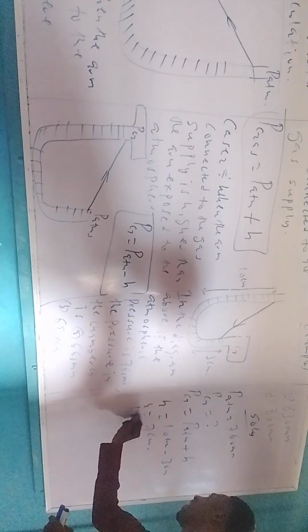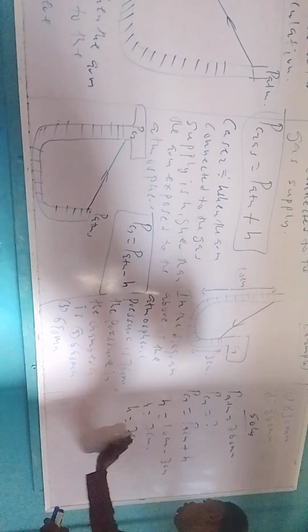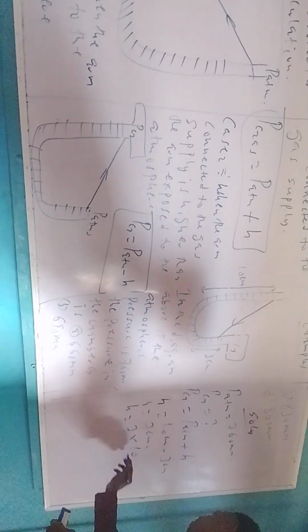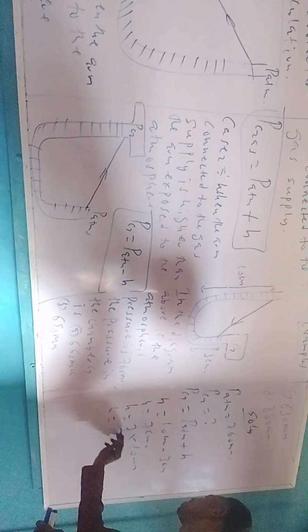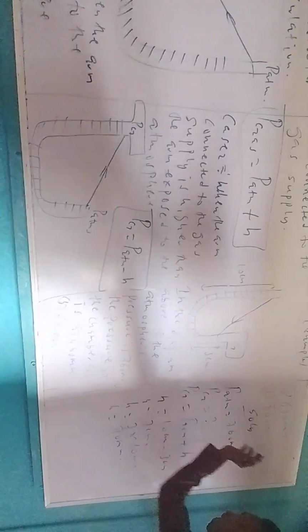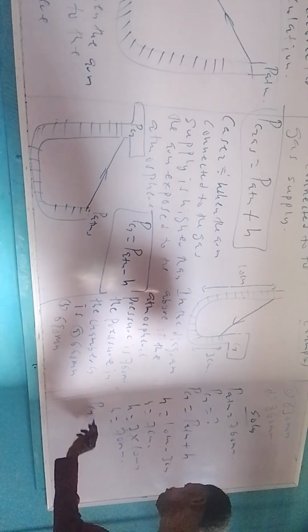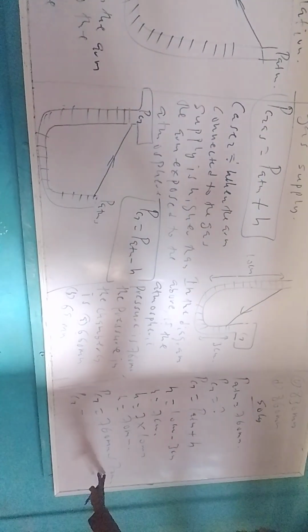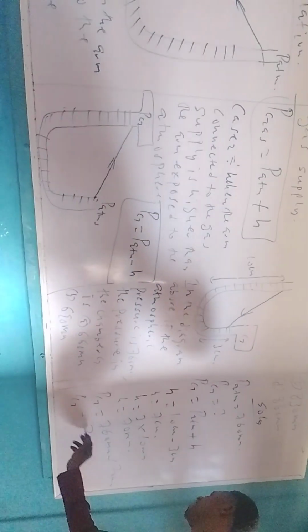You multiply by 10. So the height becomes 70 millimeter. Therefore PG equals 760 millimeter plus 70 millimeter, which gives 830 millimeter.